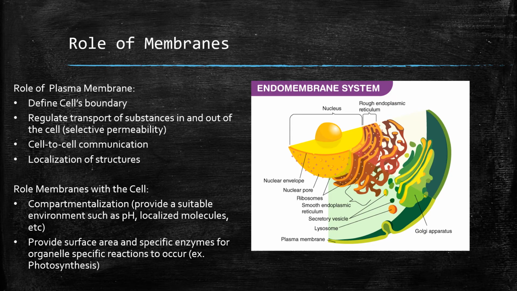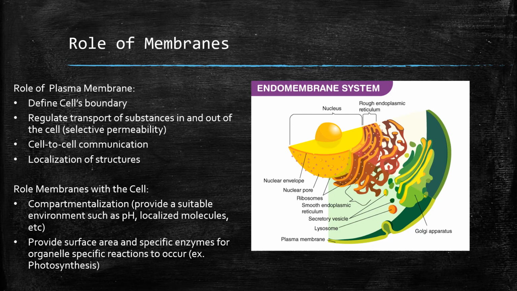That allows each organelle to have a suitable environment, such as the right pH, and certain molecules that may be necessary for the functions of that particular organelle can be sequestered into that organelle because of its membrane. And then it also provides surface area and specific enzymes that the various organelles need to accomplish their goals.